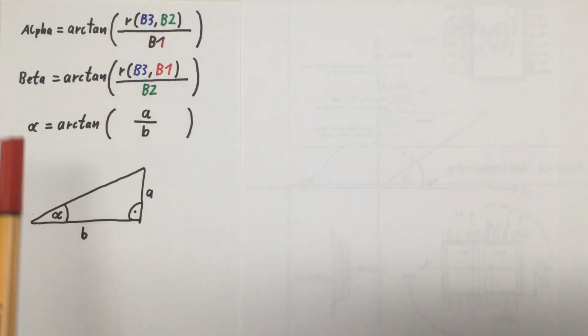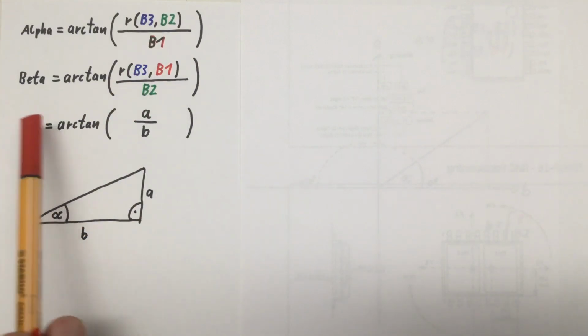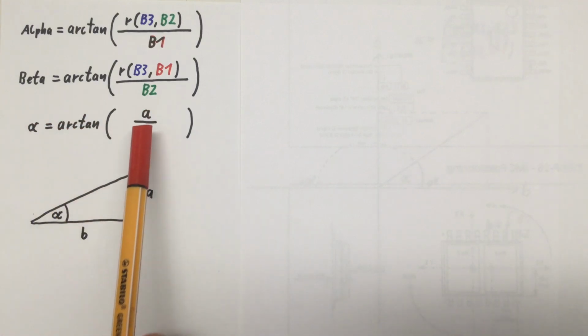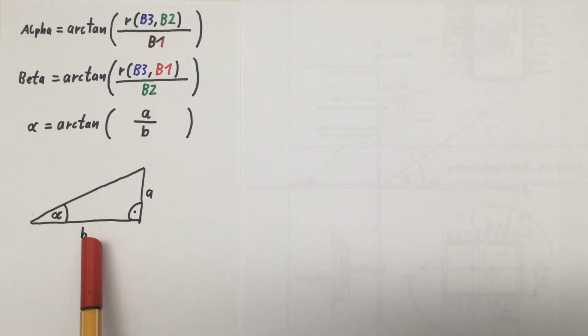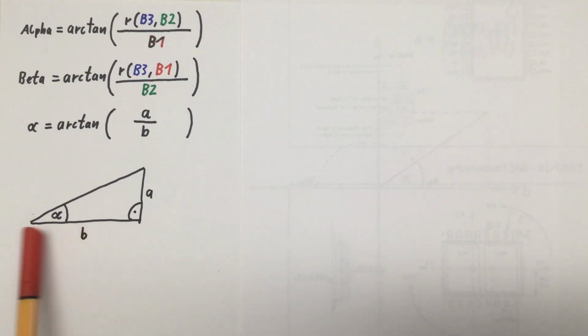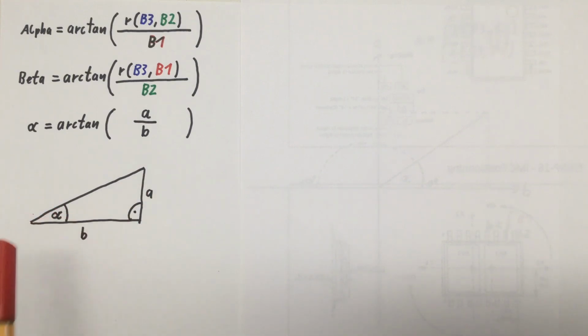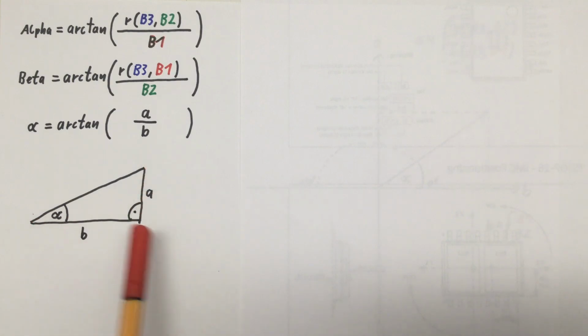Or more general, angle alpha is the arcus tangens of A over B. B being the adjacent side in a right-angled triangle to our angle alpha, and A being the opposite side.